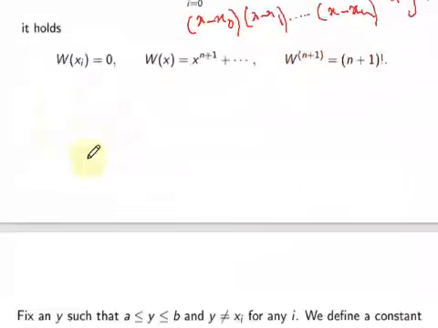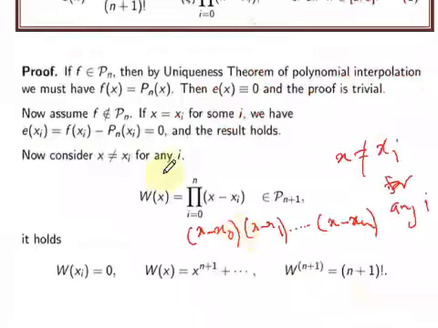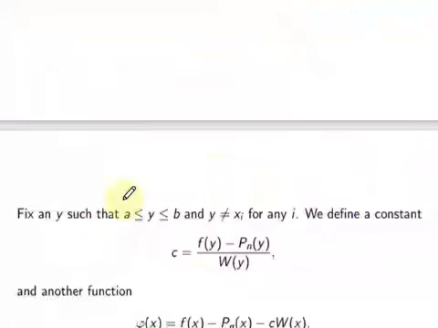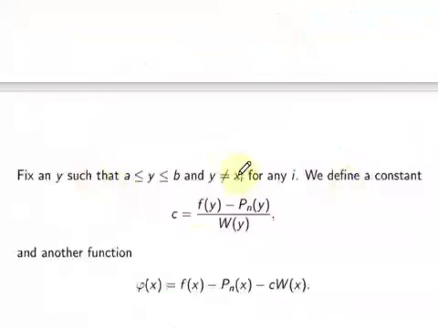But if you plug y in here, it is not equal to 0, because y is not equal to any of the nodes. That's why you can define this one, because this is not equal to 0. Let's define a constant as follows: f of y minus p sub n of y divided by w of y, right?